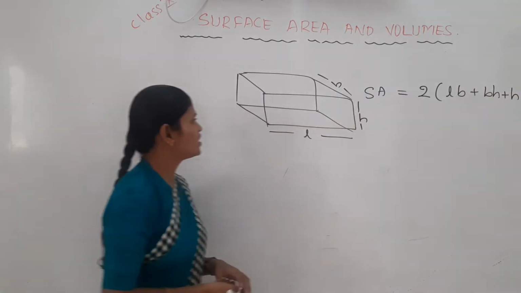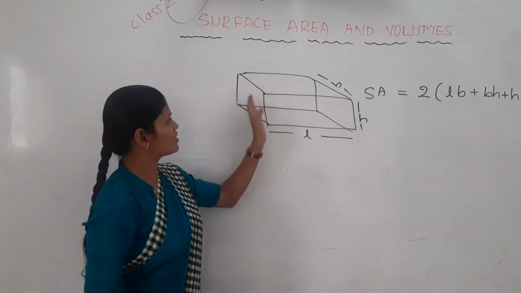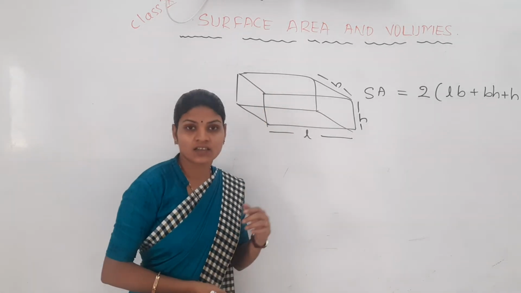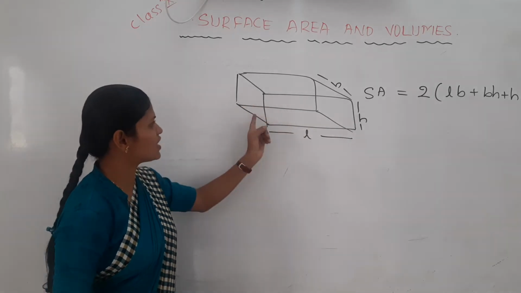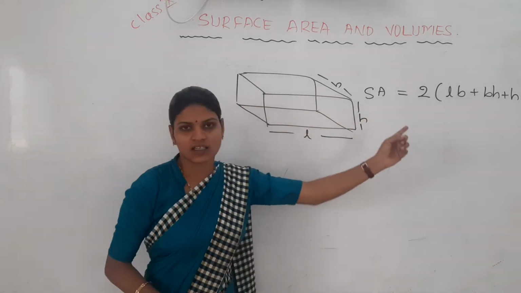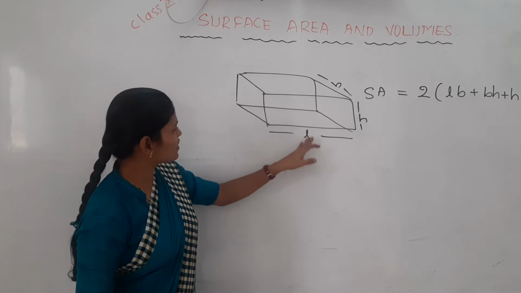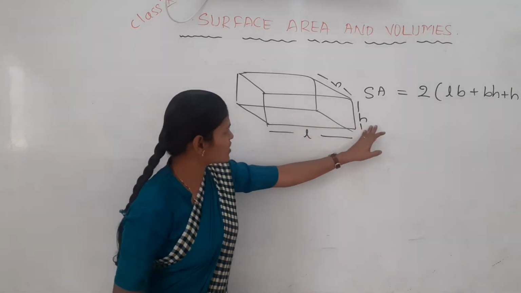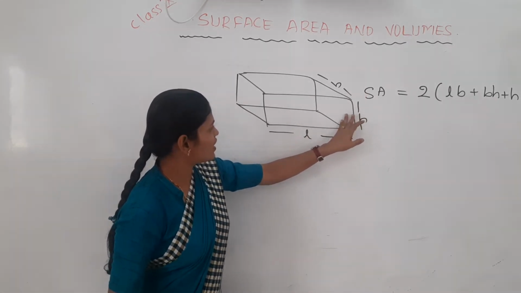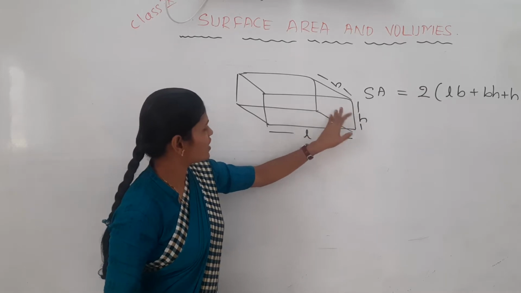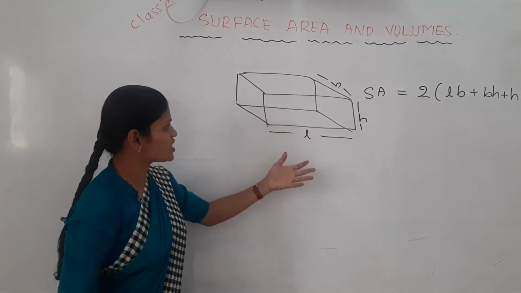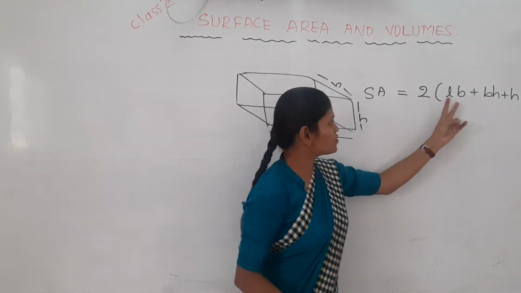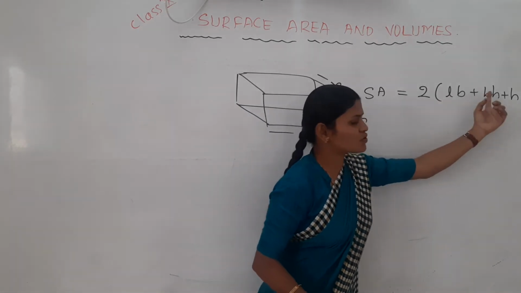How does it come? Here there are 6 rectangles. If you find the area of all those 6 rectangles, you will get that formula. How? This rectangle is L into B, and next one is breadth into H, and this side it is L into H, like that. 2LB plus 2BH plus 2HL it comes.